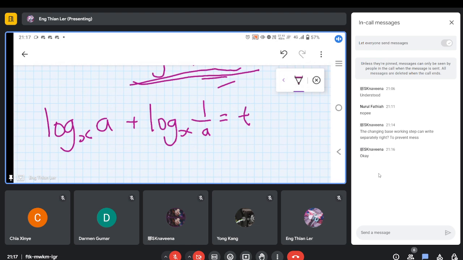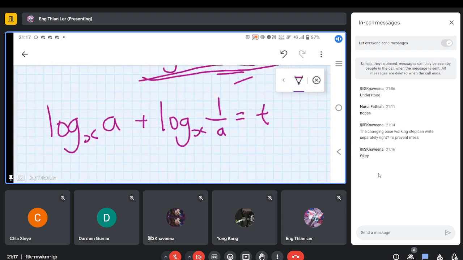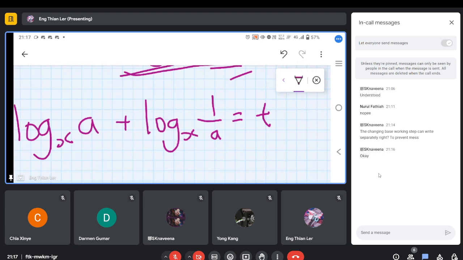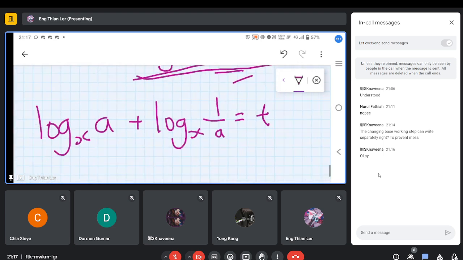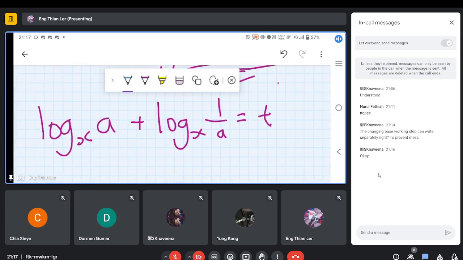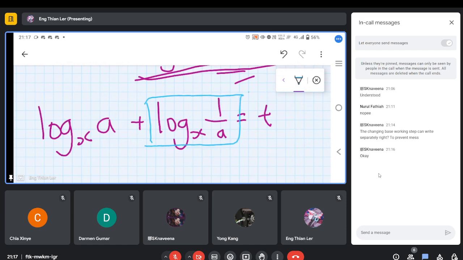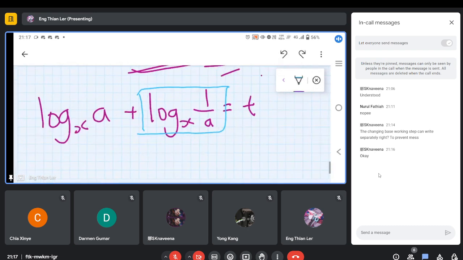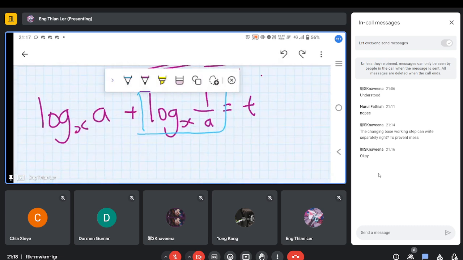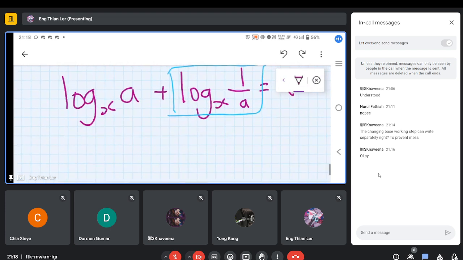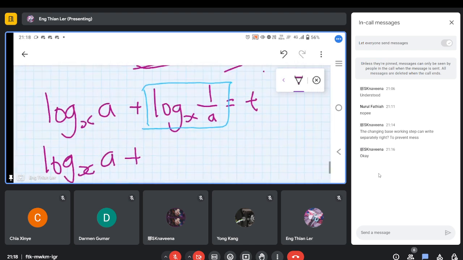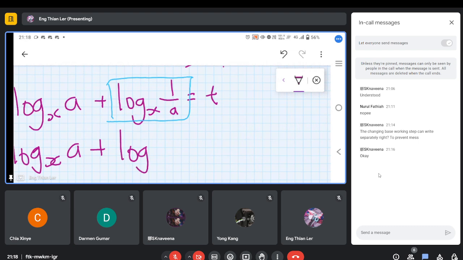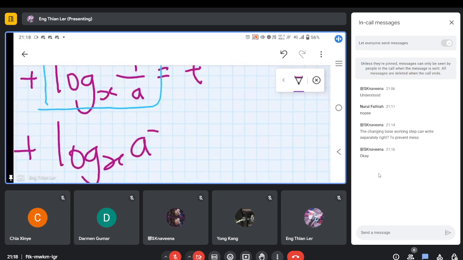Actually, the first time you see this, you'll be thinking, how do you do this? This is like impossible. There is no way you can simplify. But first, everything is under control. Why is this weird? Because it is not a. It's the reciprocal of a. And when reciprocal, we know that this is just a to the power negative 1, right?